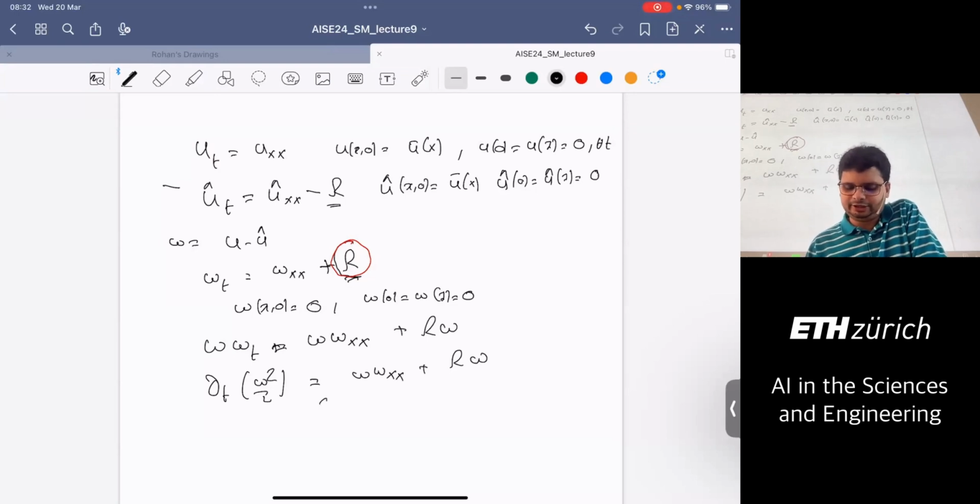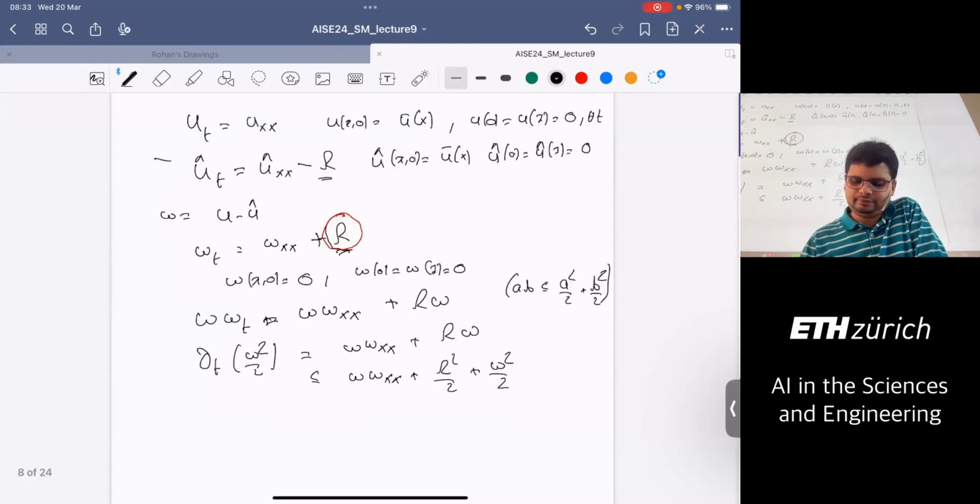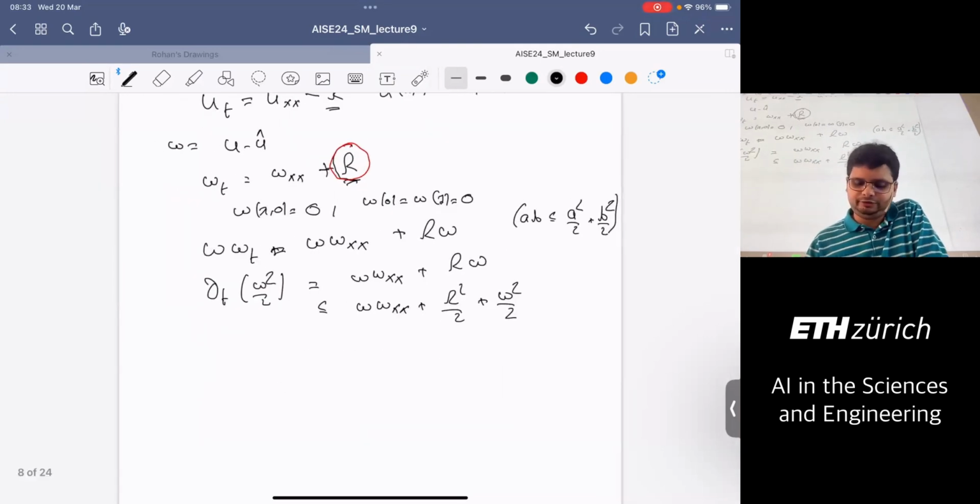And this is less than or equal to W W_xx plus, using the inequality ab is less than a squared over 2 plus b squared over 2, R squared over 2 plus W squared over 2. Okay, so this is straightforward.